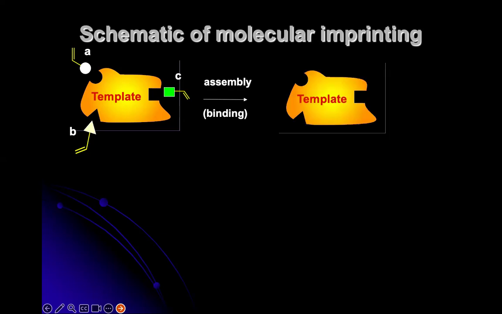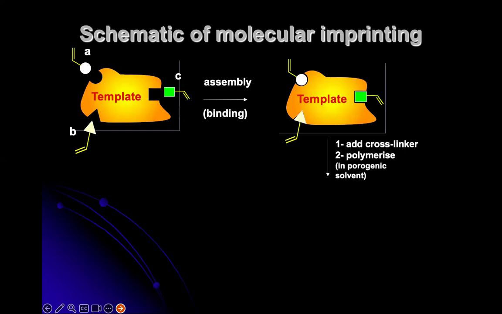Once the monomer and the template have interacted, what we need to do now is make sure that this interaction remains as it is. You don't want them to detach, or the whole thing to be broken.